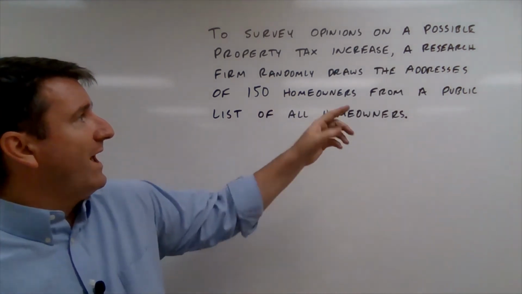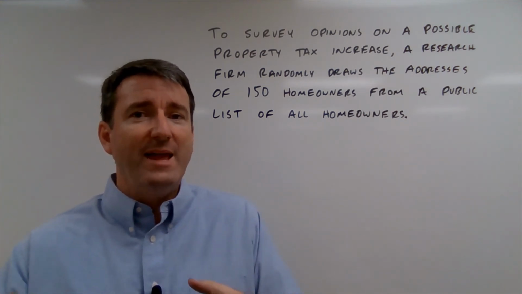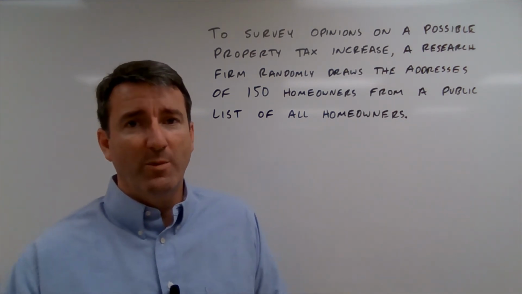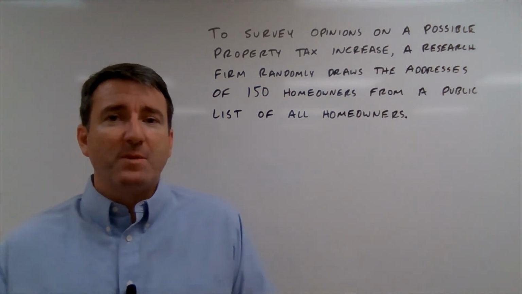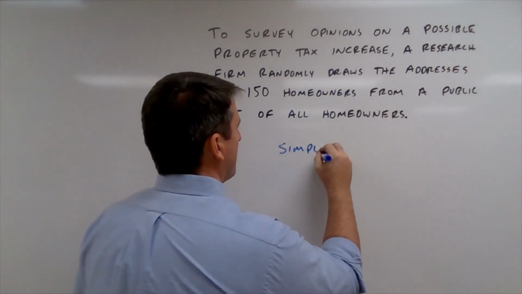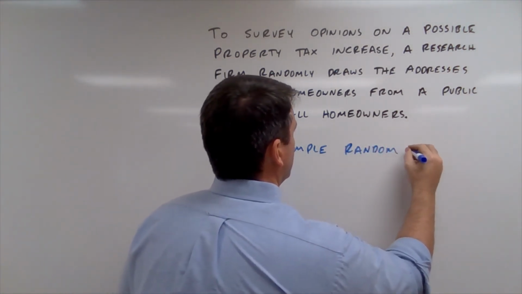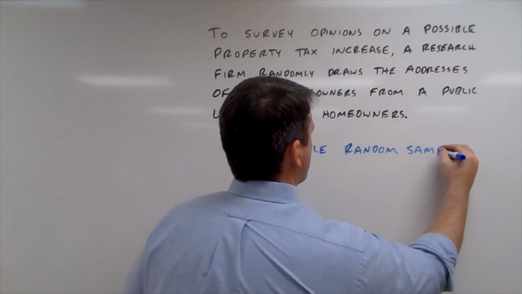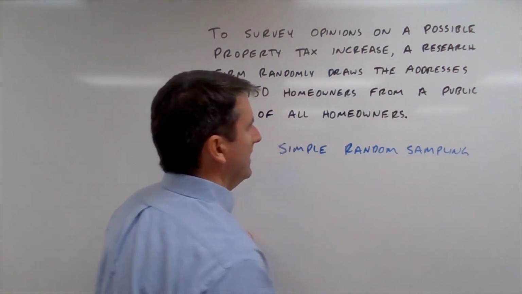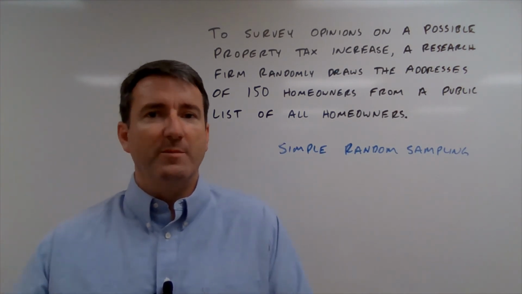Our second example tells us that to survey opinions on a possible property tax increase, a research firm randomly draws the addresses of 150 homeowners from a public list of all homeowners. So this is going to be an example of simple random sampling. Here we're randomly selecting homeowners from this list.